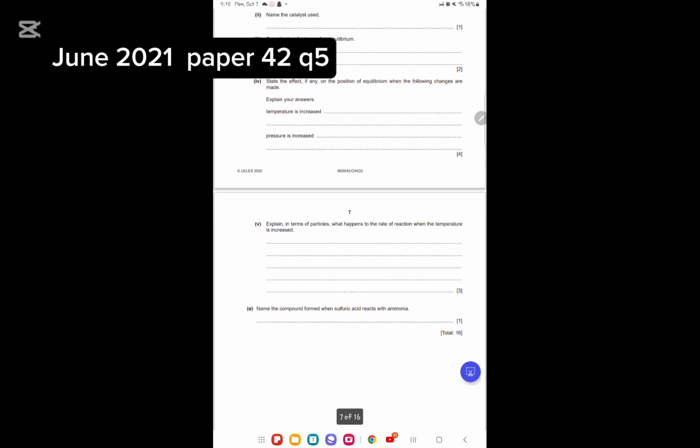Now, for part IV, state the effect, if any, on the position of equilibrium when the following changes are made. If the temperature is increased: our reaction is the metal plus O2 gives us SO2, because it's exothermic, plus heat. If we increase the temperature, this is our imposed change. Temperature of the exothermic reaction is increased.